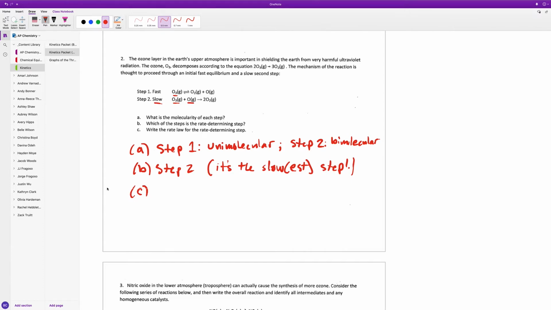So step 2, its rate law would simply be rate equals k, O3 concentration, and the O concentration. Each one raised to the first power. Okay.